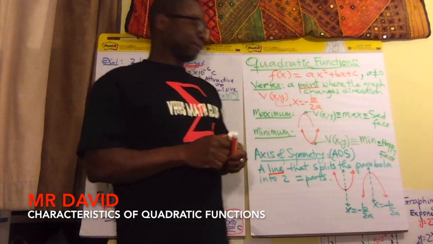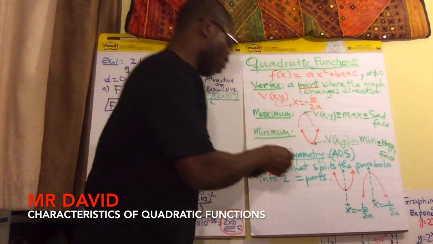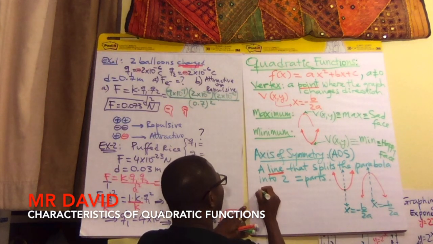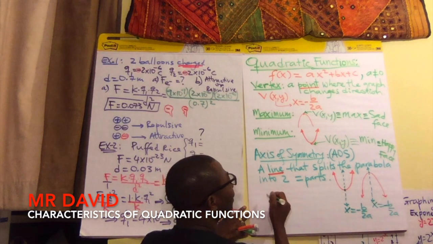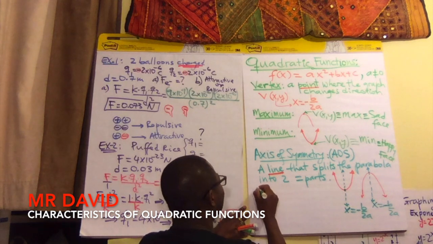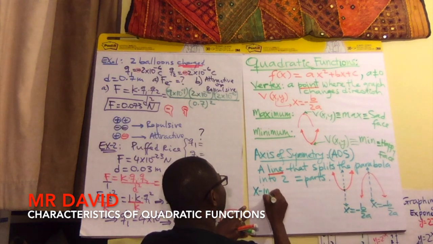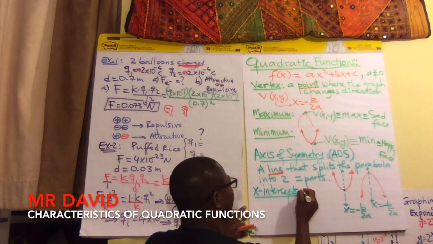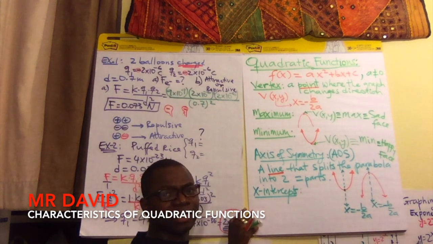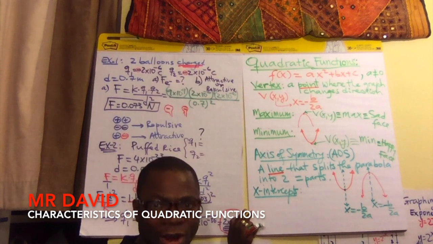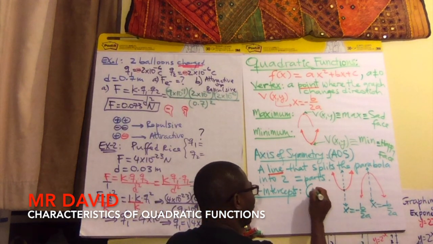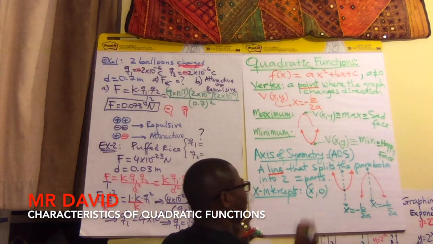The next one will be the x-intercept. You already know about this from before. The x-intercept is usually where your y is 0, so it's whatever x is, comma 0.